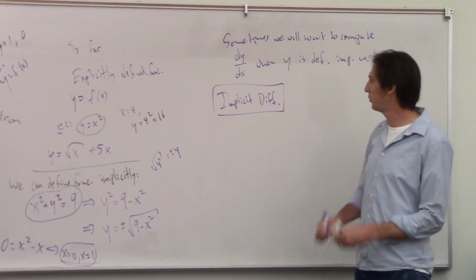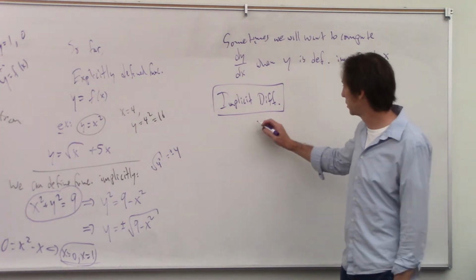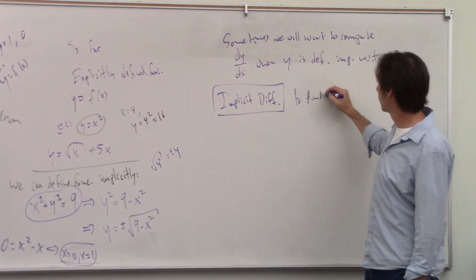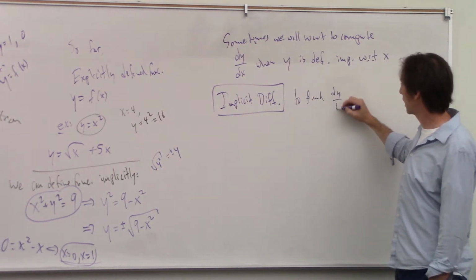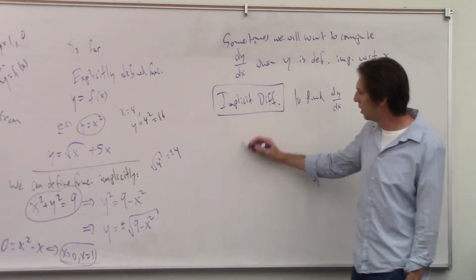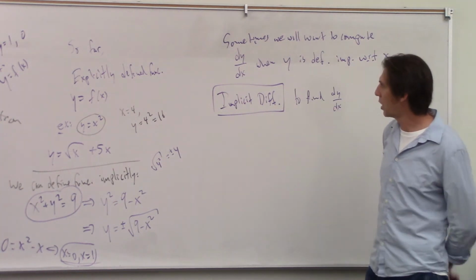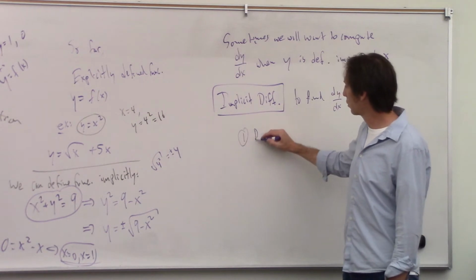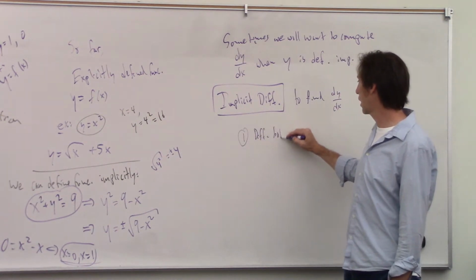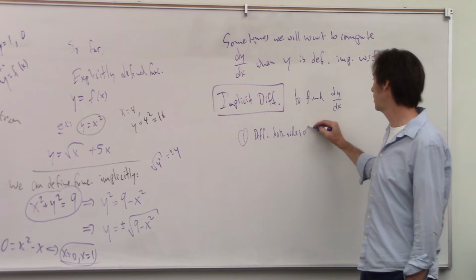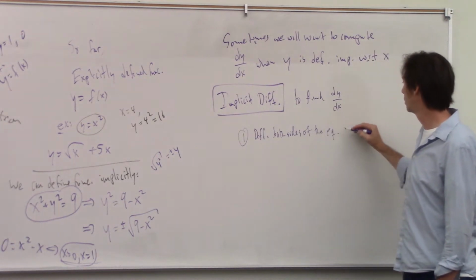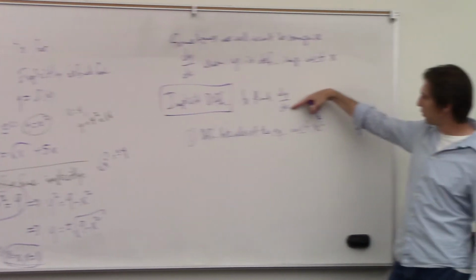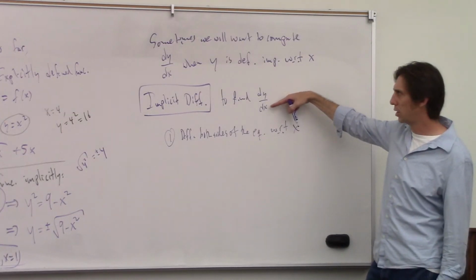So here are the steps for implicit differentiation. In particular, to find dy dx. So assuming the variables are x and y, and that y is a function of x. First, we're going to differentiate both sides of the equation with respect to x, because that's what we're treating as the independent variable.